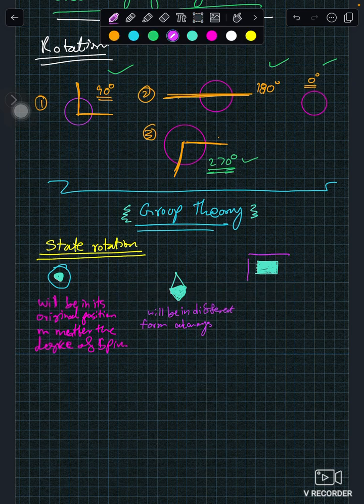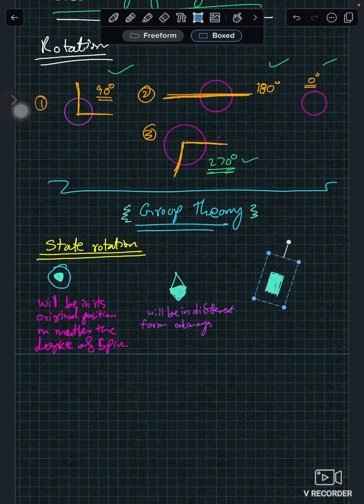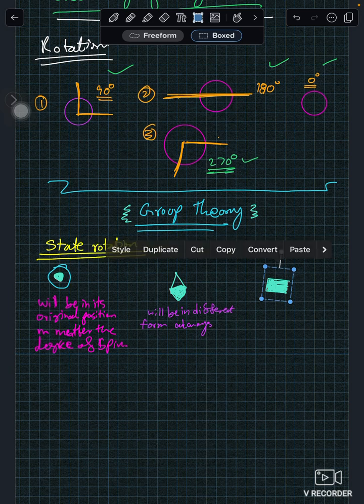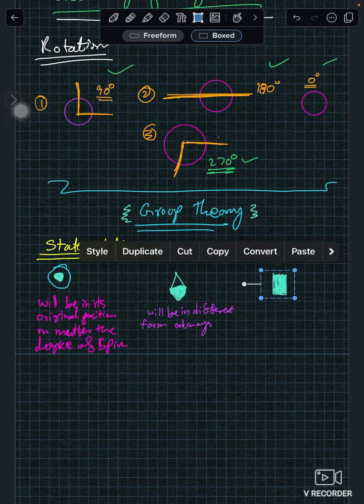Then we come to this rectangle. This rectangle is a little different. If I put it horizontal and vertical and spin it 90 degrees, it's different, but if I spin it 180 degrees, what happened?